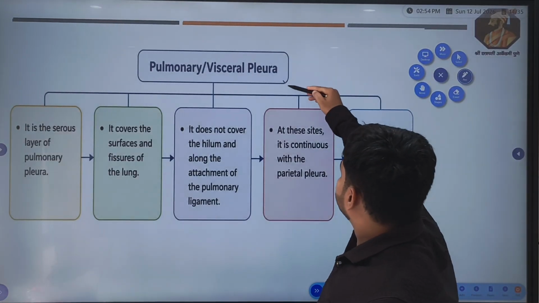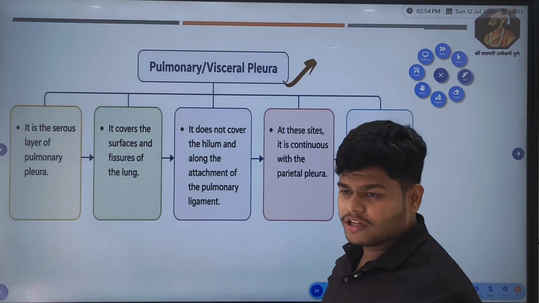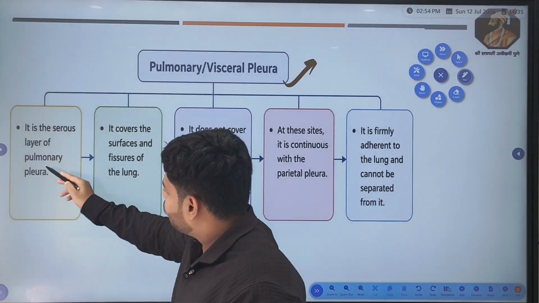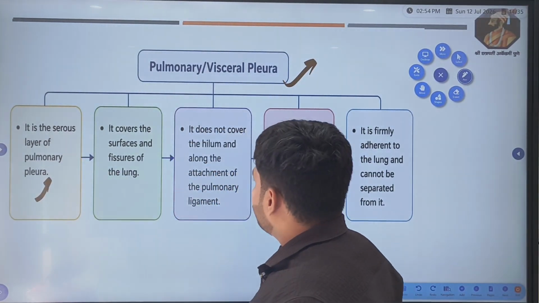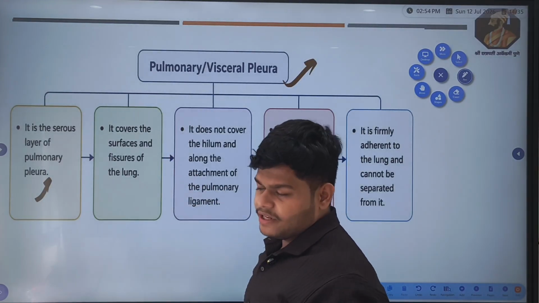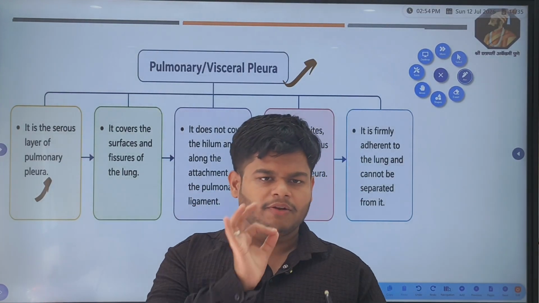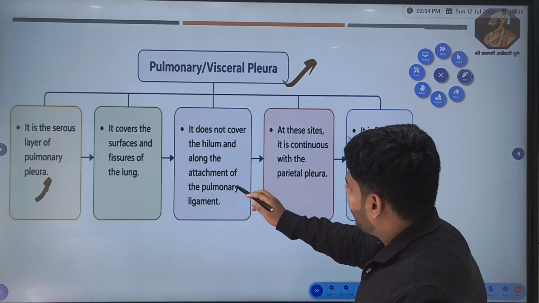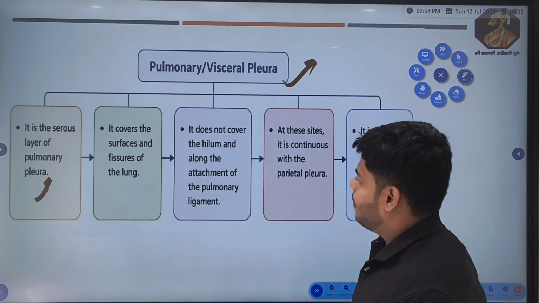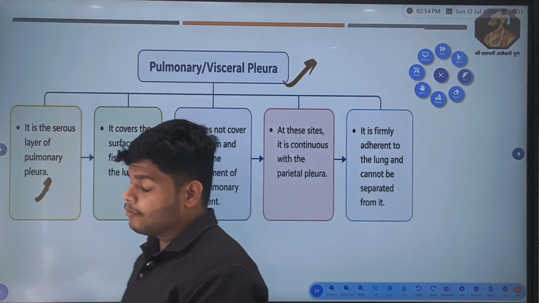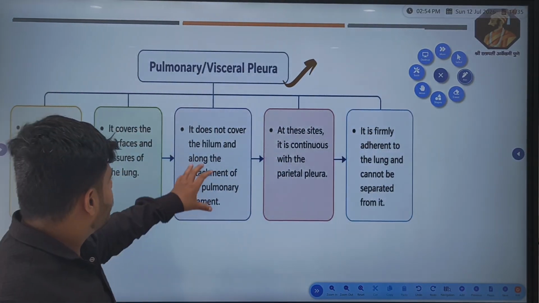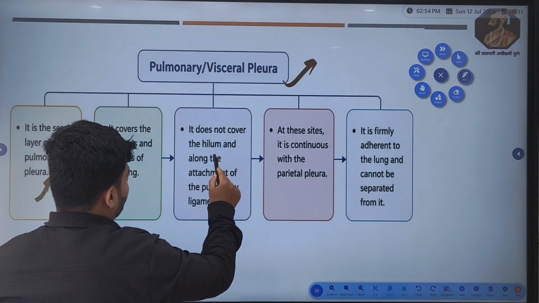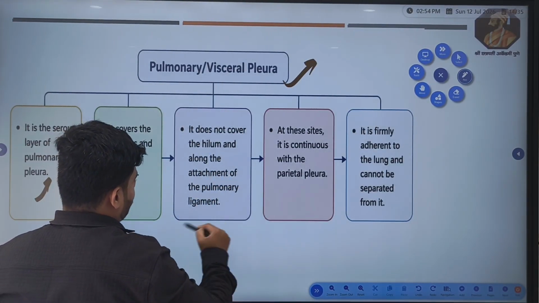Now we will see details about the pulmonary, or visceral, or internal pleura. It is the serous layer of the pulmonary pleura. It covers the surface and the fissures of the lung and is in close contact with the lung. Very important to understand: it does not cover the hilum and the attachment of the pulmonary ligament.